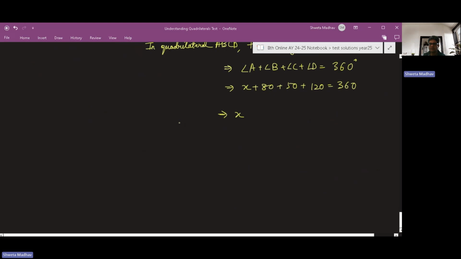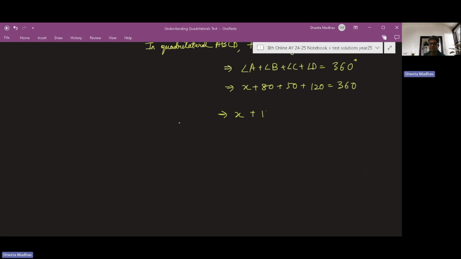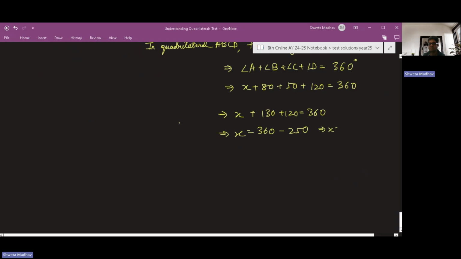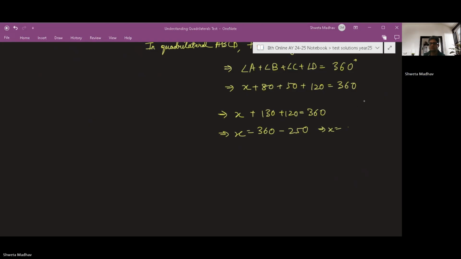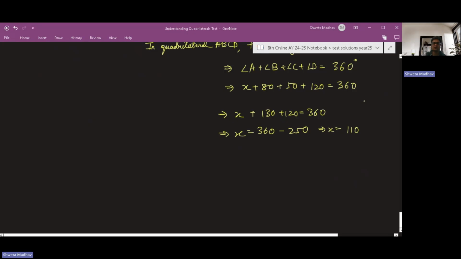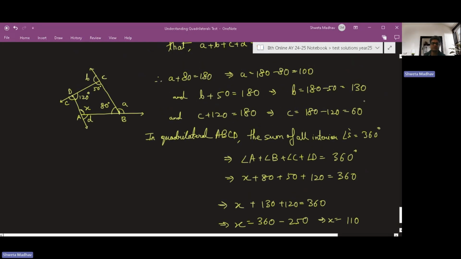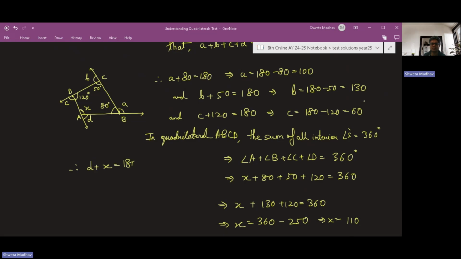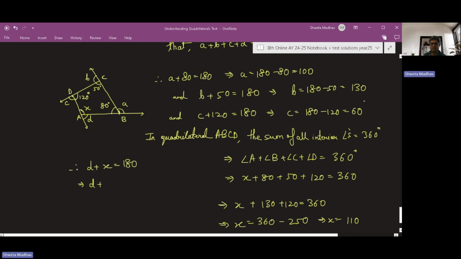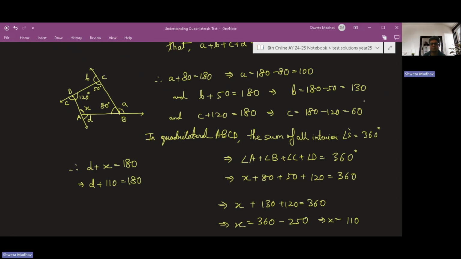So therefore I can say X plus 130 plus 120 is equal to 360. So therefore X will be equal to 360 minus 250. So it means X will be equal to 110. X will be 110. So therefore now we can see that D plus X will be equal to 180. So D plus 110 is equal to 180.